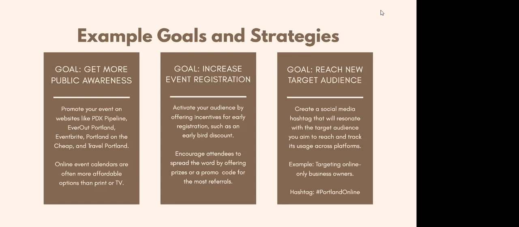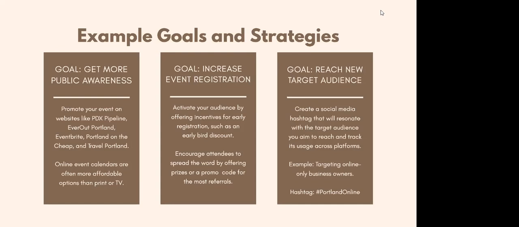Then a different goal, separate from gaining public awareness, is you want to increase event registration. Maybe you're trying to get your event registration up before your event even starts to see how much interest you're gaining. So one thing you could do to help improve that is to activate your audience by offering incentives for early registration, such as an early bird discount, 25% off if you get your tickets now versus at the door.